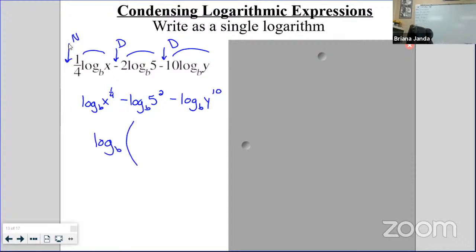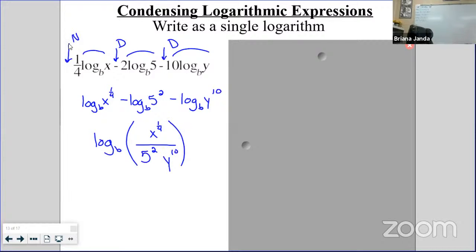All positive terms, numerator. So my x to the 1/4 was positive. It came from my numerator. The 5 squared had a negative out front. It came from my denominator. The y to the 10th had a negative out front. It came from my denominator.